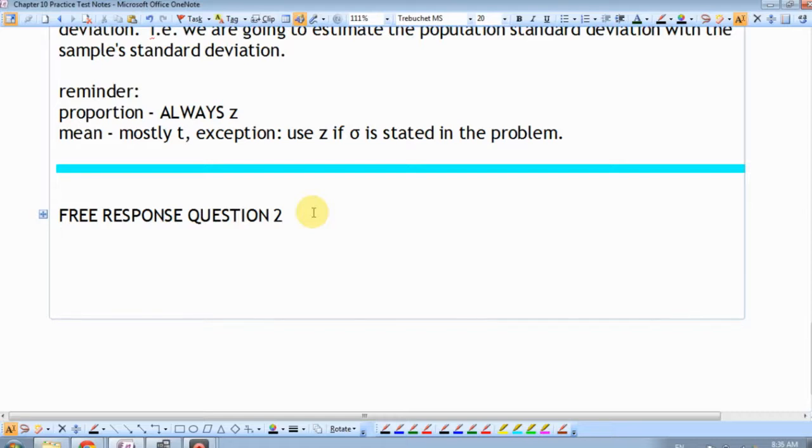Okay. So this is now a proportion. So step 1, you should just go through those. Population characteristic.